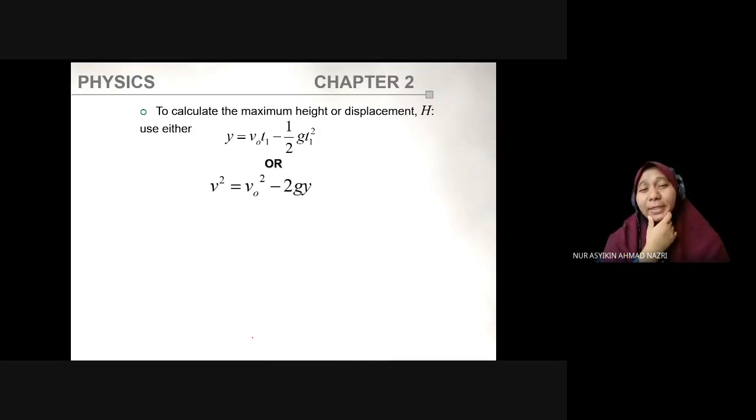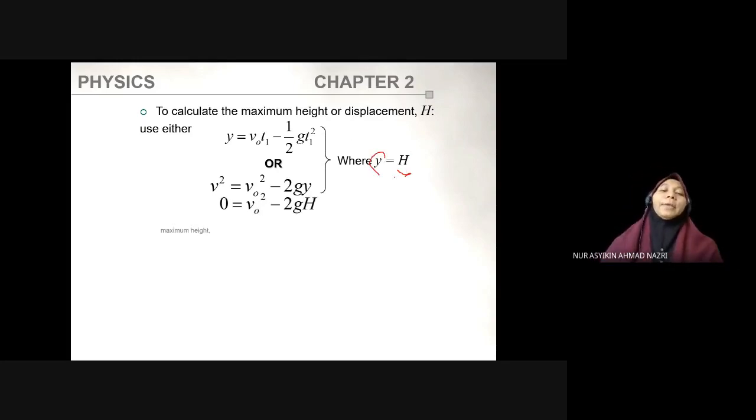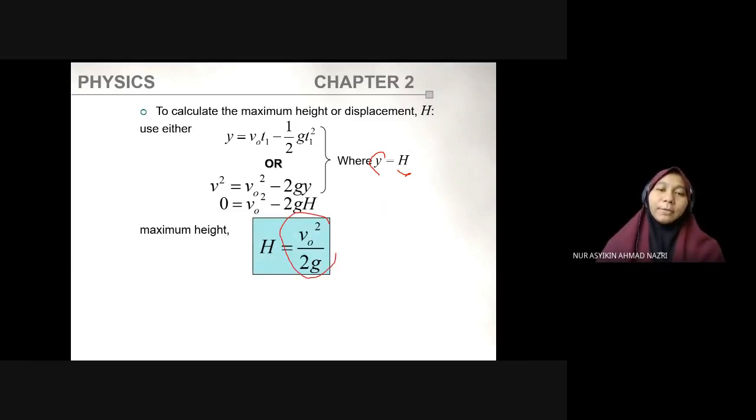Ataupun lagi kita boleh derive juga yang ni. Okay. Yang mana kita nak dia punya height tu. Okay, height ni. Okay. So maximum height dia yang ni kita dapat V0 squared over 2G.